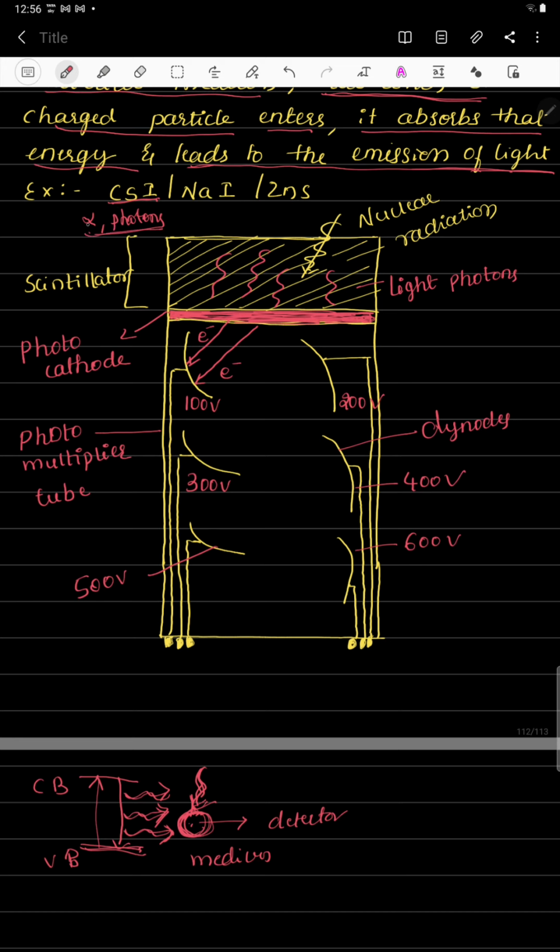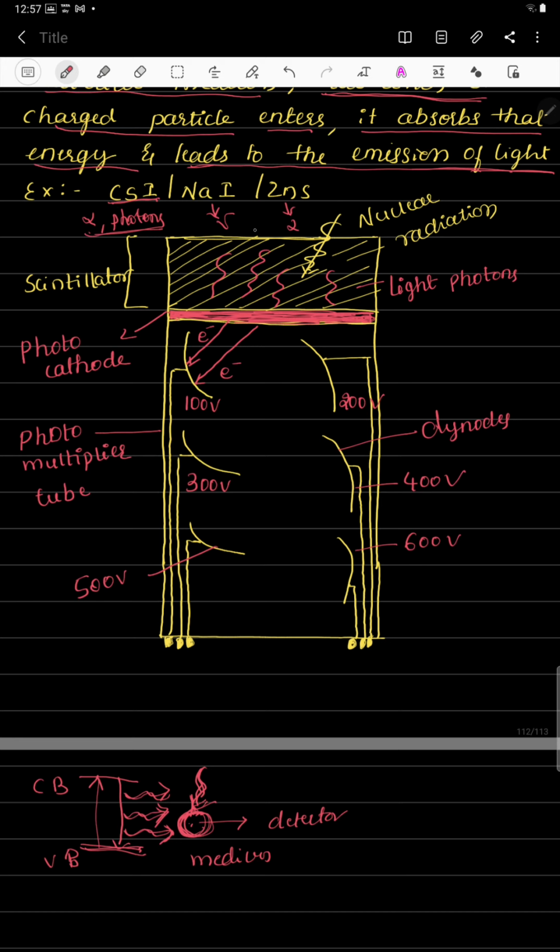Sodium iodide we use again for gamma radiations, and zinc sulfide we use for alpha. All these scintillating materials are used in the scintillation counter.